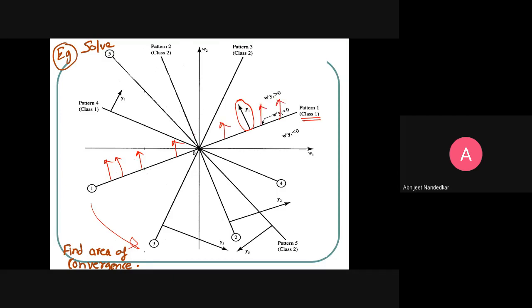Now if I take pattern 3, y3, which belongs to class 2, this is the positive side of W transpose y3, and this is the negative. Since y3 belongs to class 2, this pattern is saying go above me, go like this.